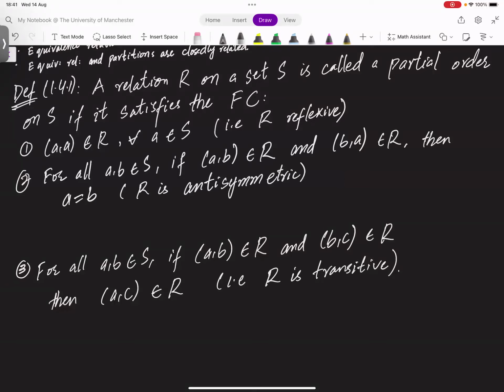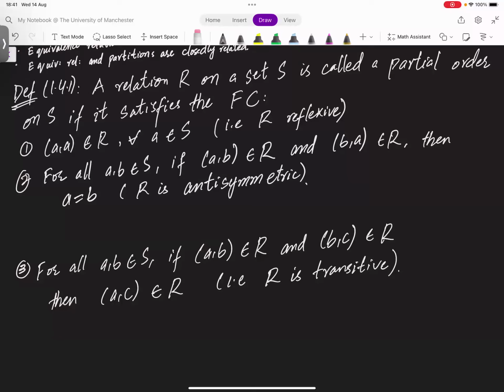This is a new condition. If a is R related to b and b is R related to a, then a is b. And if this is the condition, then R is anti-symmetric, not symmetric. R would be symmetric if a is not b, but R will be anti-symmetric if a is b.